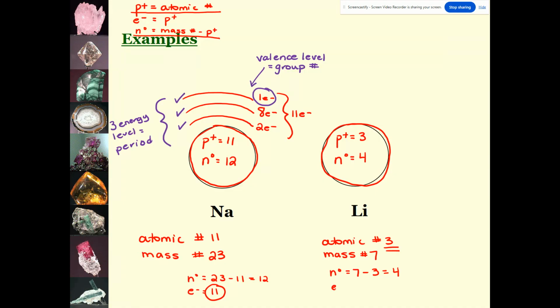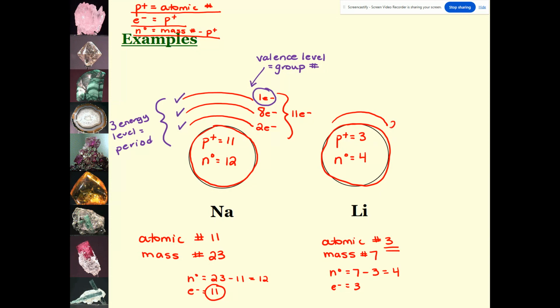And then last are my electrons. Those again are in the energy levels surrounding the nucleus. I am going to have the number of electrons for an atom equaling the number of protons, which again is the atomic number, which is 3. So now to draw my electrons, again, I start with the energy level closest to the nucleus and I fill it up.